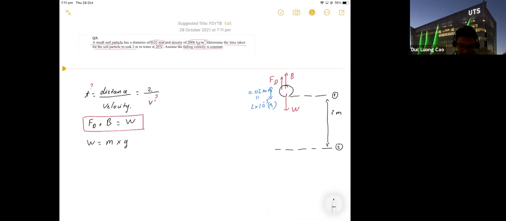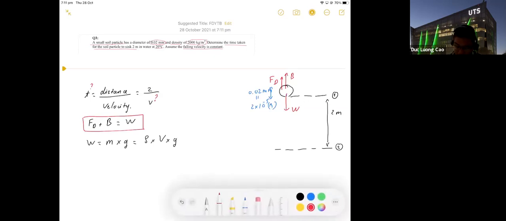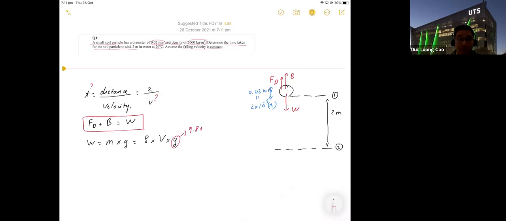So you will have density times volume times gravity is weight. With the gravity you have here is 9.81. The density is given here, 2000 kilogram per meter cube.